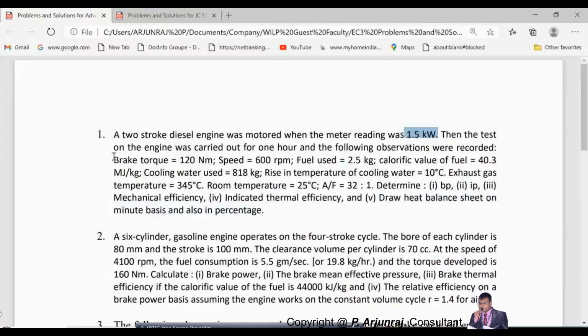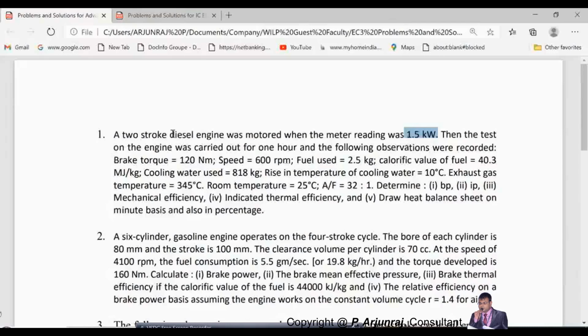Okay, then the test on the engine was carried out for 1 hour. This is the 1 hour reading, and the following observations were recorded. So they given the brake torque. Okay, the torque is nothing but 120 Newton meter. Speed they given as 600 rpm, and whatever the diesel fuel.